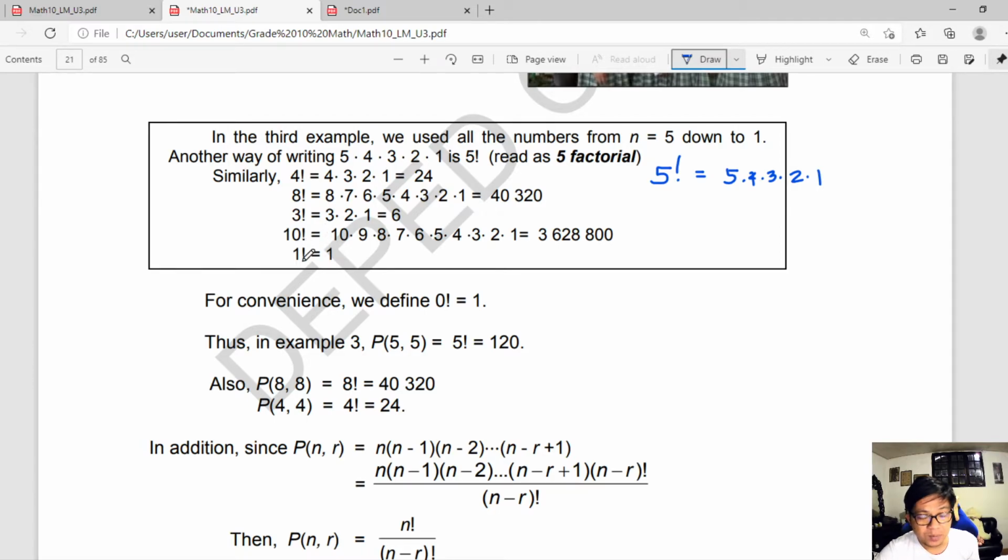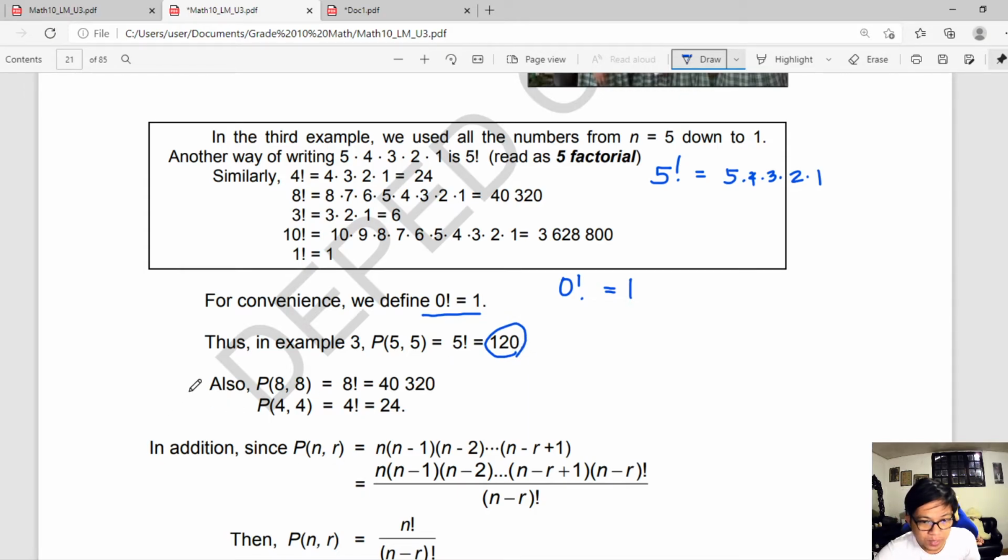So we also have to define that 0 factorial, pag sinabing 0 factorial, it is always equal to 1. So pag nakakita kayo ng 0 factorial, it is equal to 1. So that's in example number 3. So that is permutation of 5 taken 5 at a time is equal to 5 factorial, which is equal to 120.